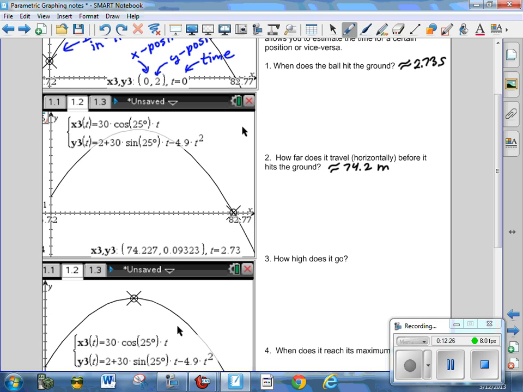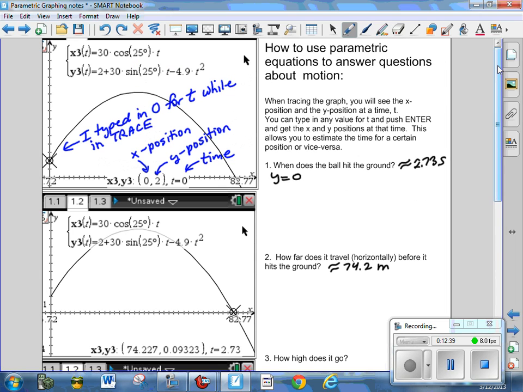Now, if I want to find out exactly when it hits the ground, what I need to do is solve an equation. I know that when it hits the ground, y is going to equal 0, so I'm going to use my y equation. Let me scroll back up. Here are my two equations. I'm going to put in 0 for y and solve for t.